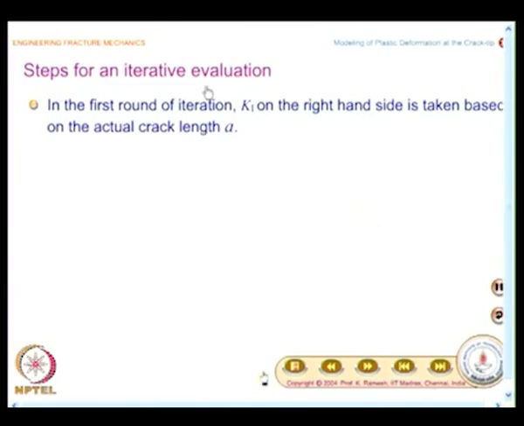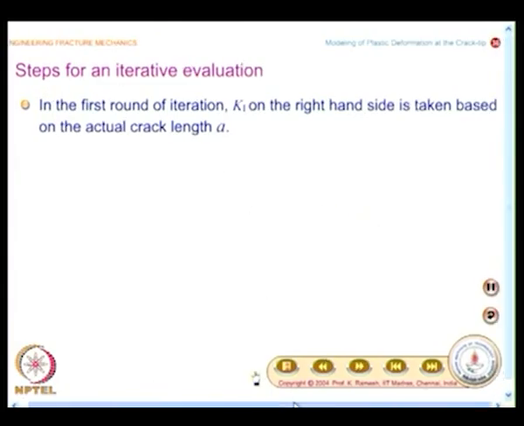And what are the steps for an iterative evaluation? In the first round of iteration, K1 on the right hand side is taken based on the actual crack length a.